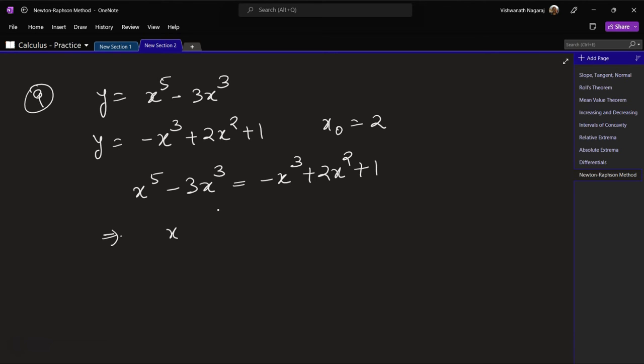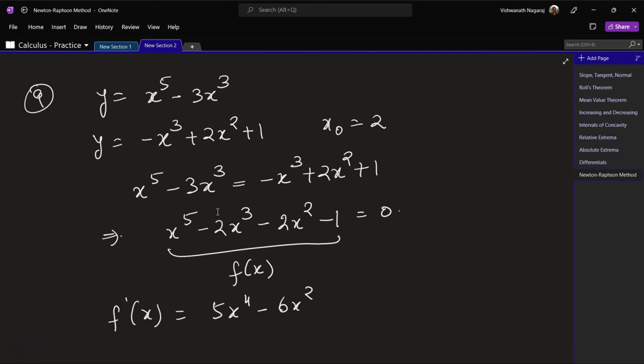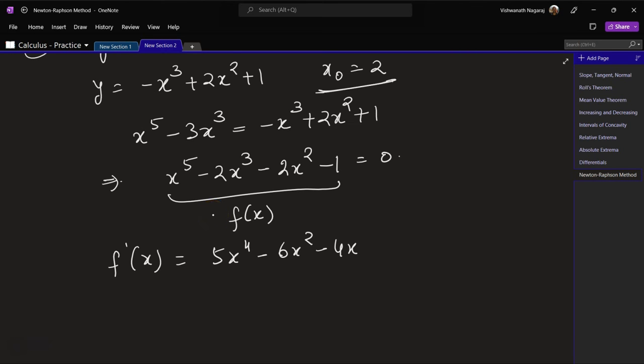which implies x to the power of 5, x cube comes this side, so minus 3 plus 1 gives us minus 2x cube minus 2x square minus 1 equal to 0. And let's make this f of x, so f prime of x is going to be 5x to the power of 4 minus 6x square minus 4x. Remember, x naught equal to 2.